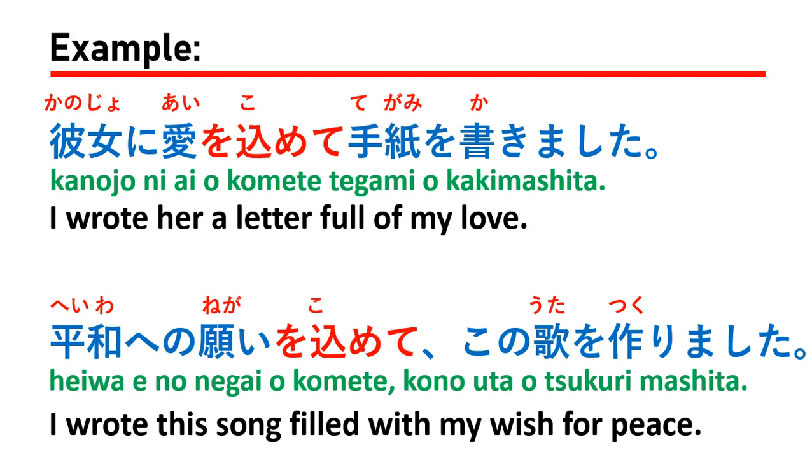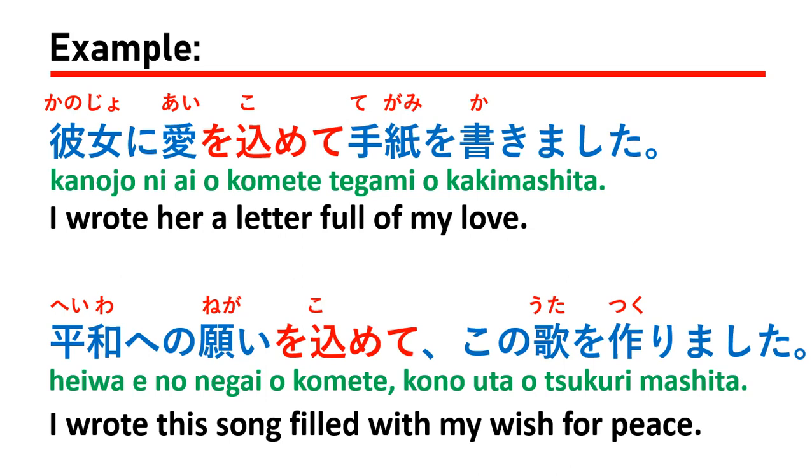Something like this. And for the second sentence, you see that it says 平和への願いを込めて. Our noun here is 願い, which means your wish, right? Your thinking, your opinion about what you want to be.